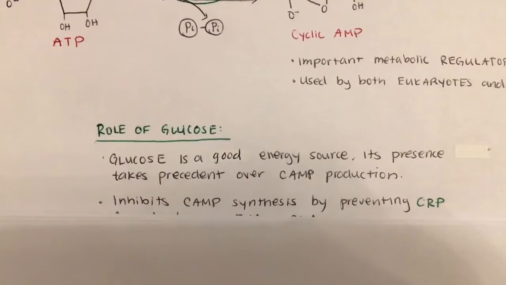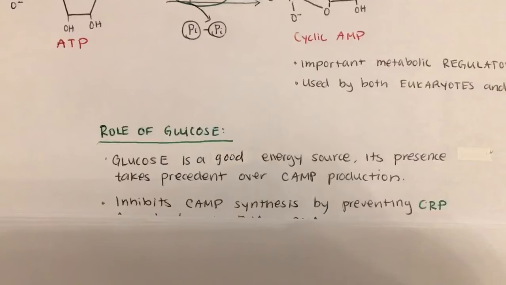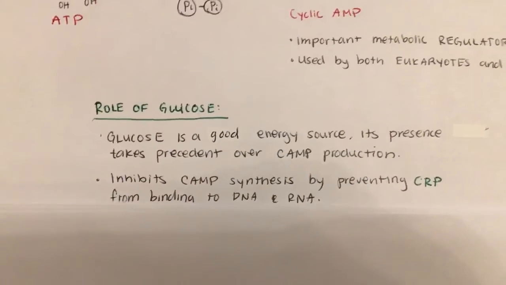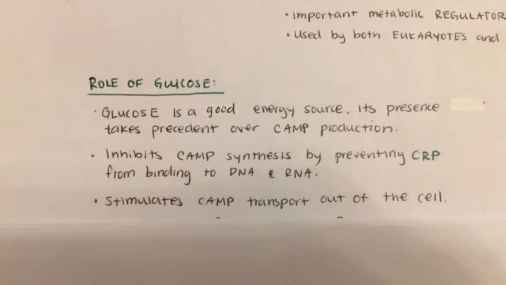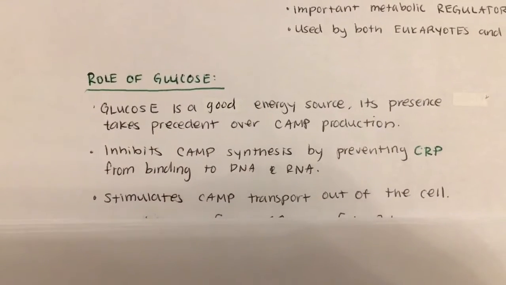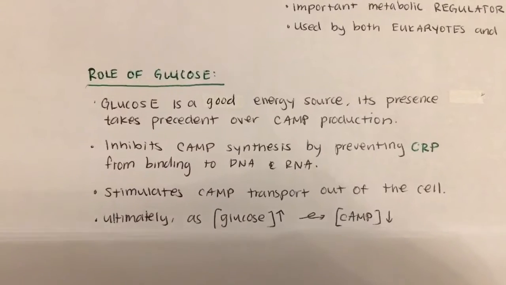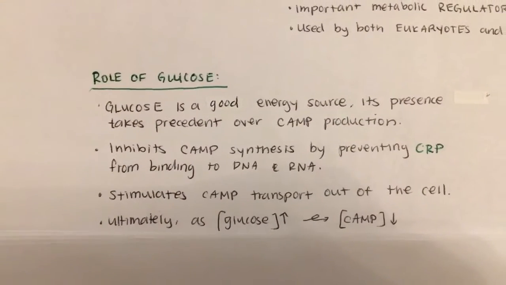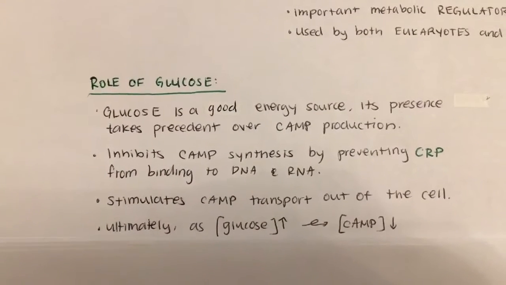Glucose inhibits cyclic AMP synthesis by preventing CRP from binding to DNA and RNA. It also stimulates the transport of cyclic AMP out of the cell. Ultimately, as glucose concentration increases inside the cell, cyclic AMP concentration decreases.